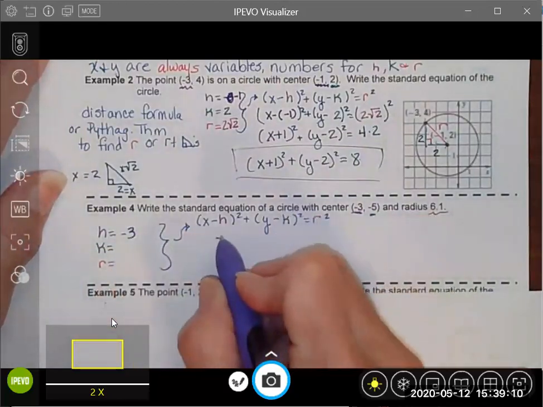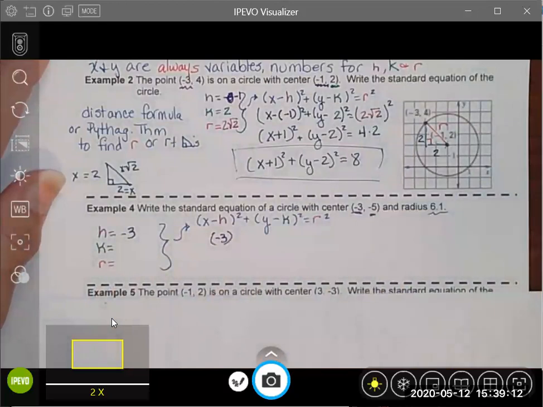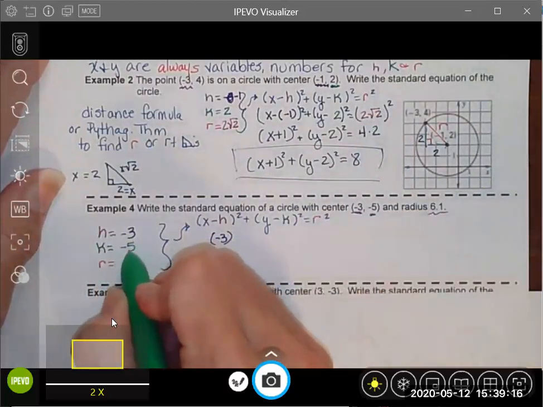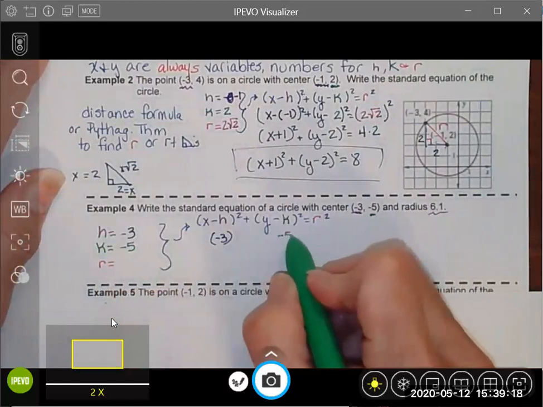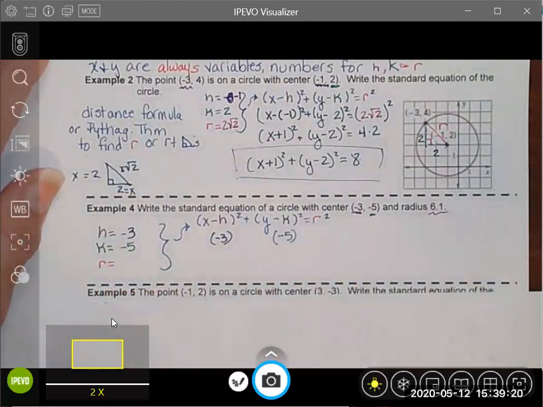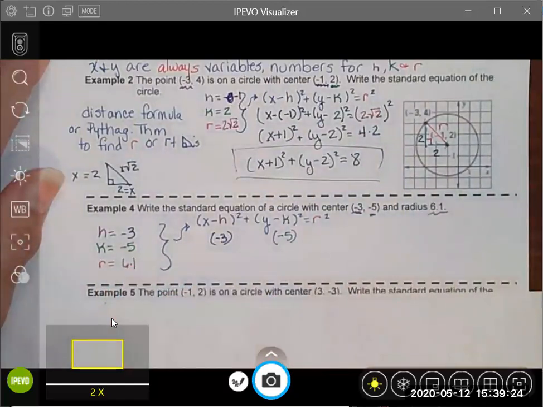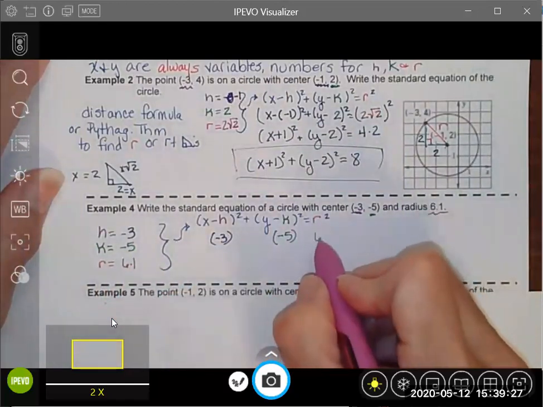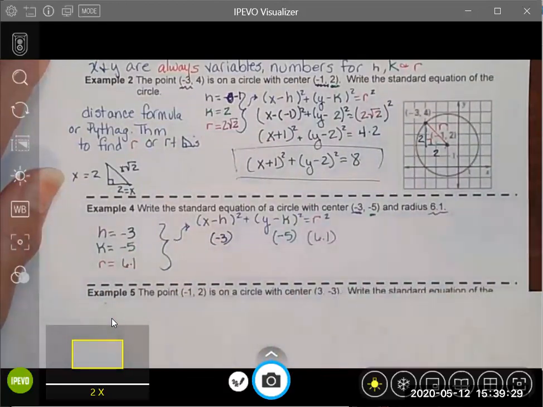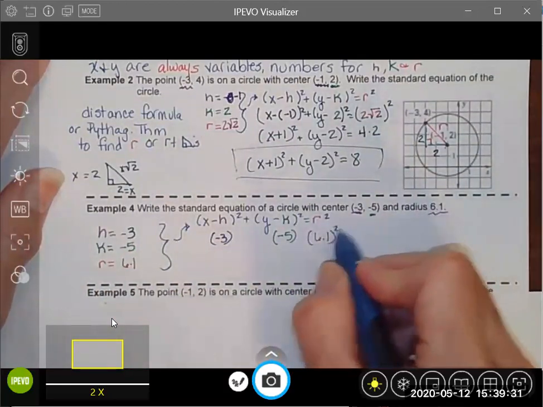I can substitute that in. I protect him. I identify my k value, -5. I substitute him. I protect him because he's negative. And then my radius is 6.1. I can substitute that into my formula. And then I square.